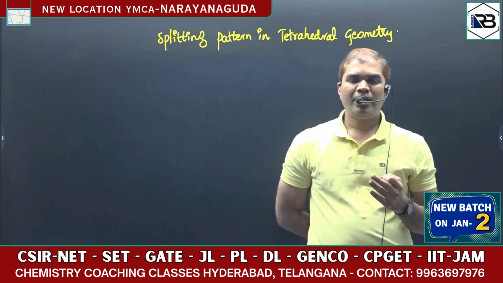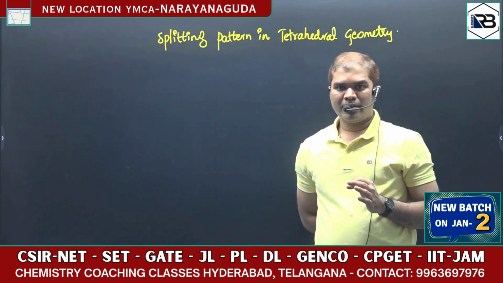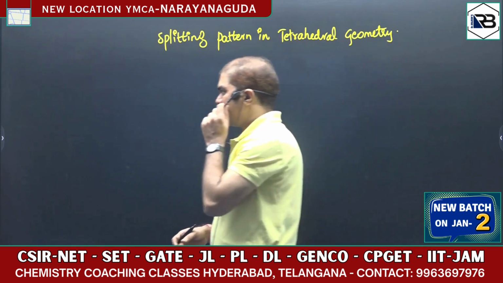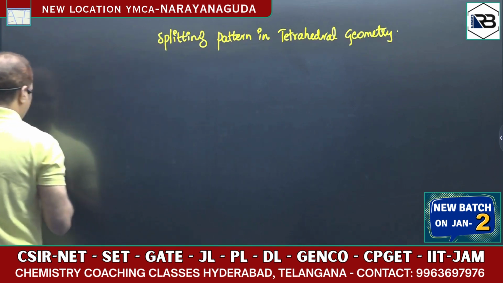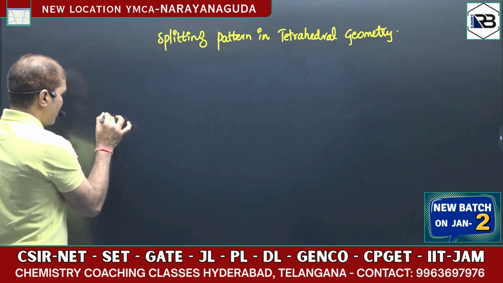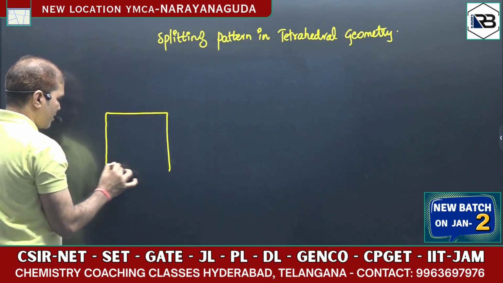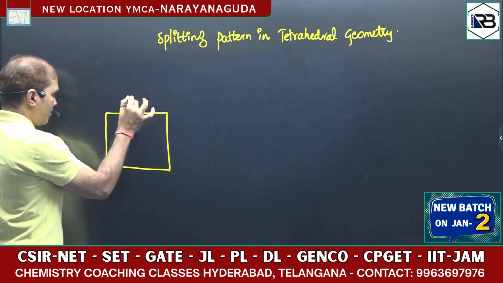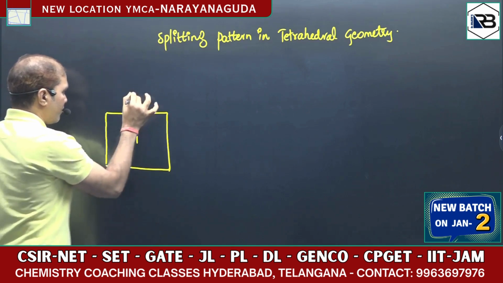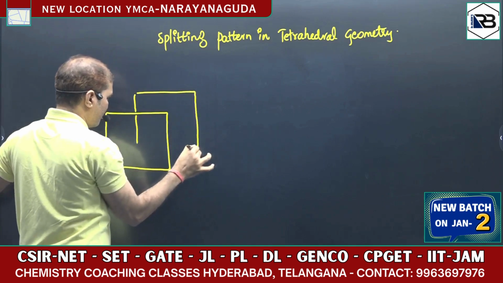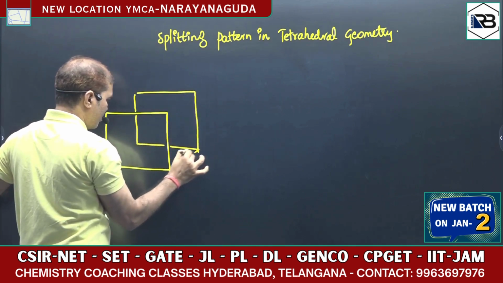When we come to tetrahedral, the splitting pattern is a little bit different. Whenever we consider a tetrahedral geometry, we consider that the ligands are present at the corners of a cube and the metal is present at the center of the cube.